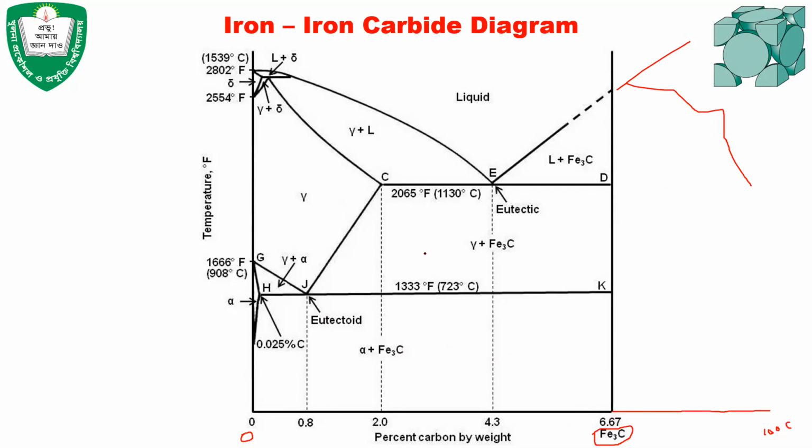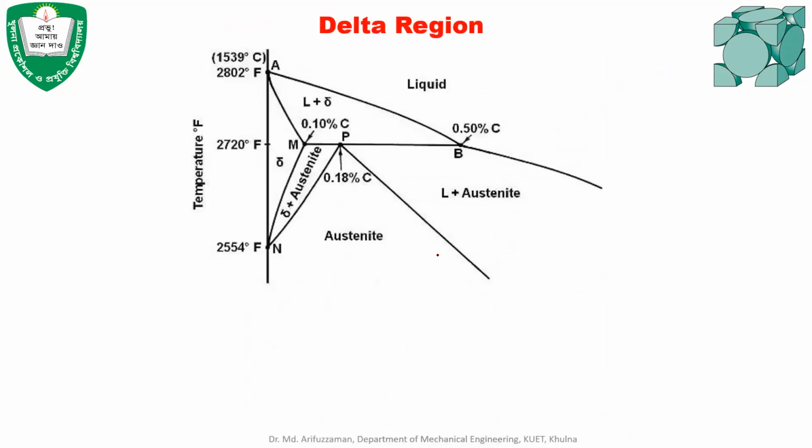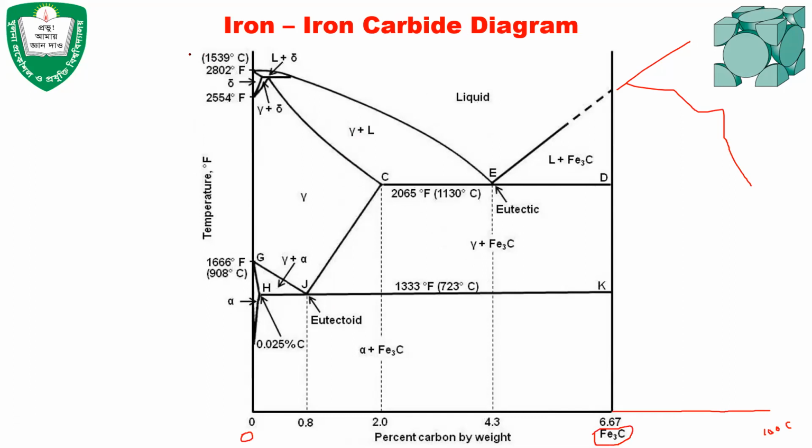So this diagram actually consists of several regions. One of them is the delta region. If we look at this region, it is the delta region. And before going to that, let's clear the diagram first. Which region is what? We need to understand that.